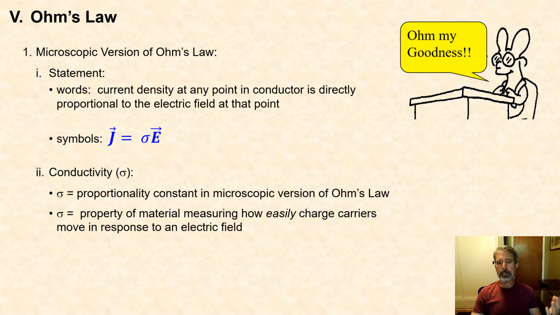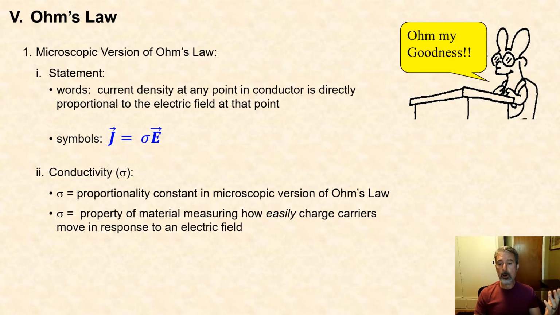We can think of this as a property of the material, of the medium itself, that measures how easily charge carriers can move in response to that electric field. A medium that is an excellent conductor would have a large value of sigma, because this would imply that you would end up with a lot of current once that electric field gets established.